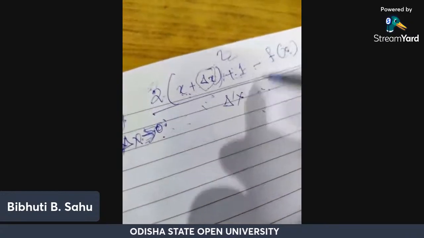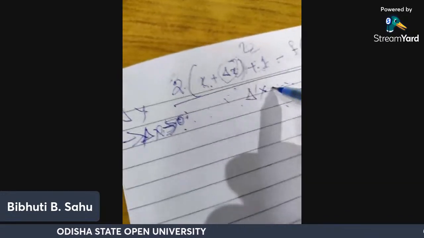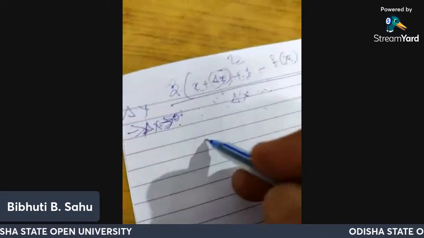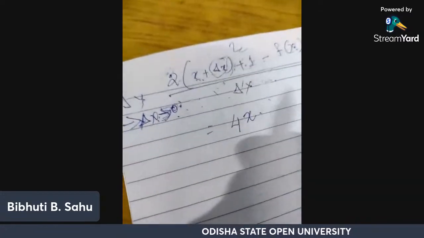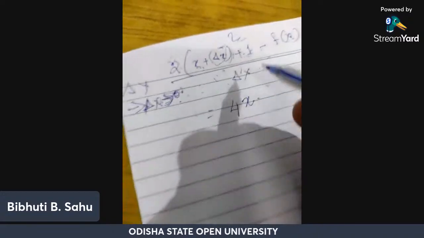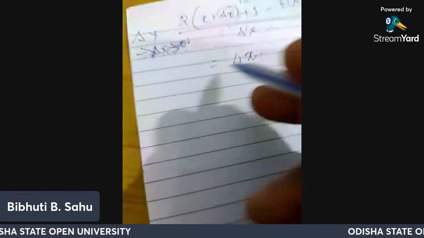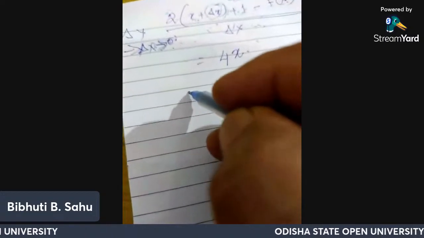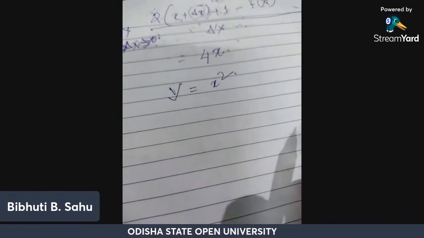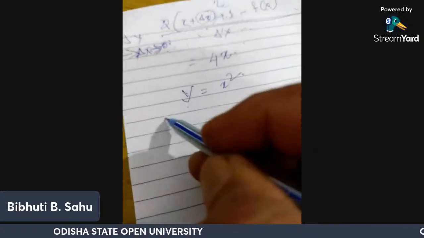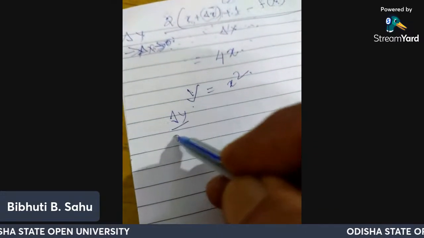Getting this to 0 and dividing both by delta x, we find the value as 4x. You might know how to find this, but for simplicity let me explain how. Let y be equal to x square, and our objective is to find delta y by delta x.